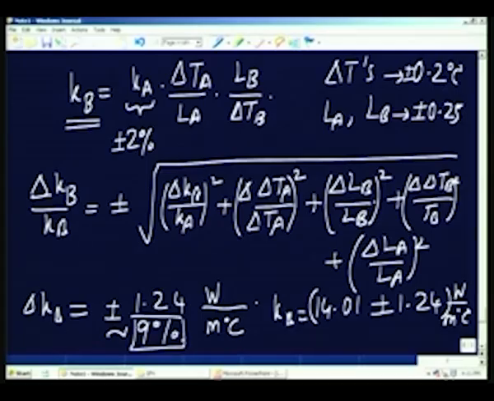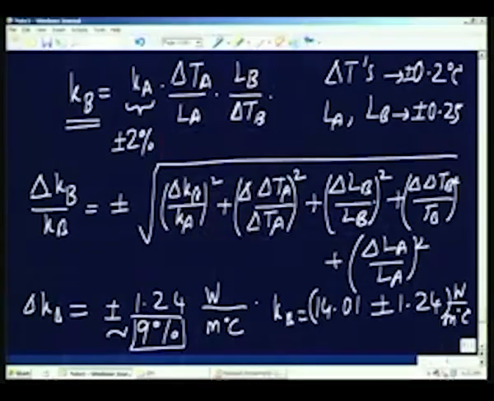We can also discuss this error by looking at how we can reduce it. What are the sources of error? Of course, the measured values. For Ka we have no control because Ka has a specified value of 2%. It is the delta T's which need to be measured more precisely.